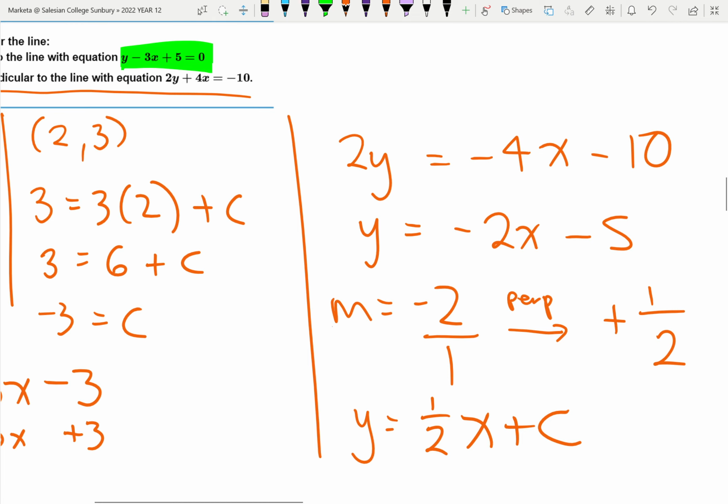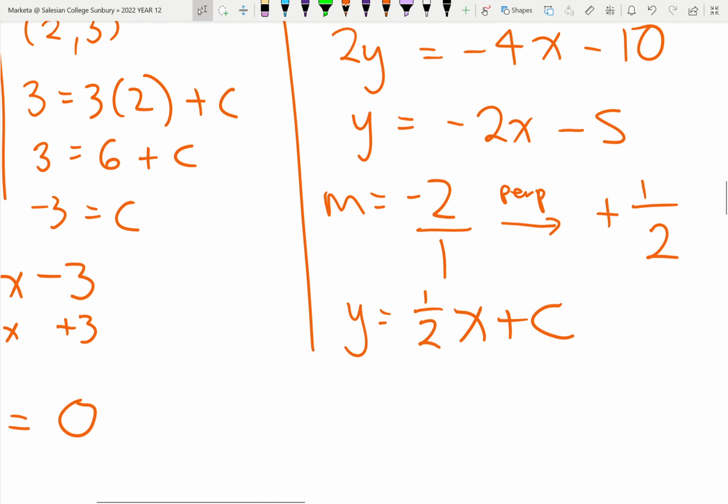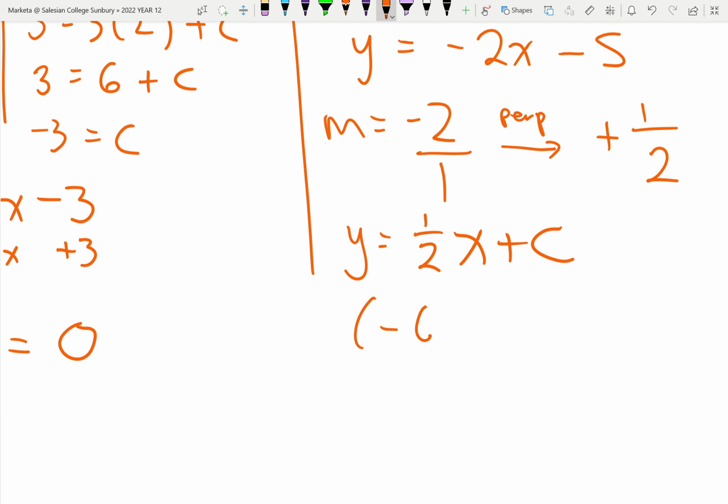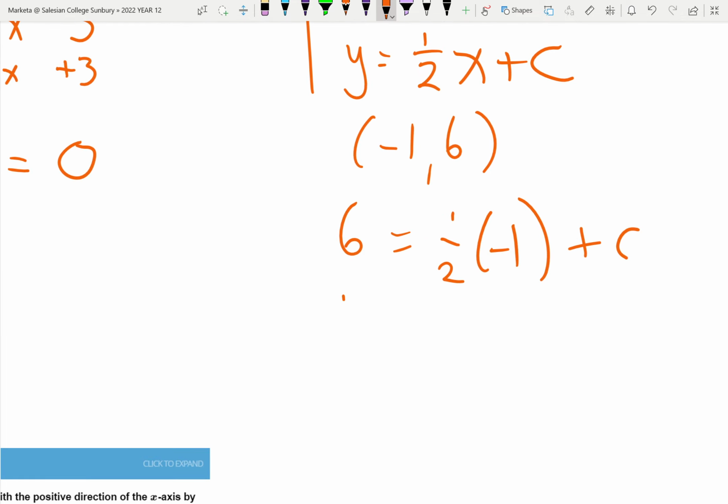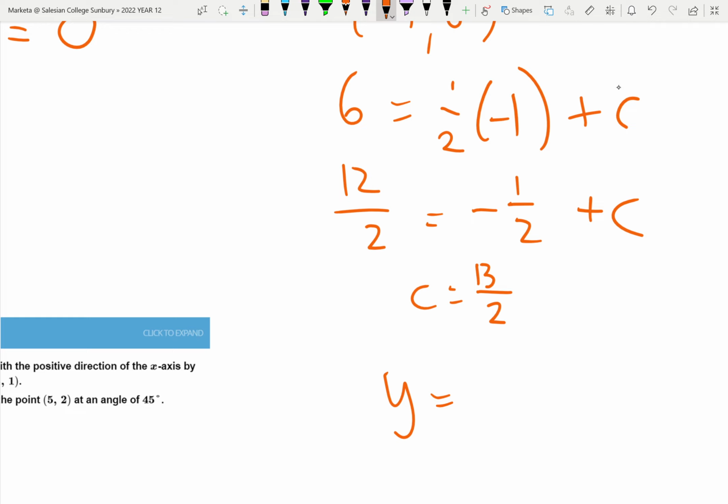So let's sub in the point, which is neg 1, 6. So 6 equals half times neg 1 plus c. So what's that? 12 on 2 equals neg half plus c. c equals 13 on 2. So my equation of the line is y equals half x plus 13 on 2.